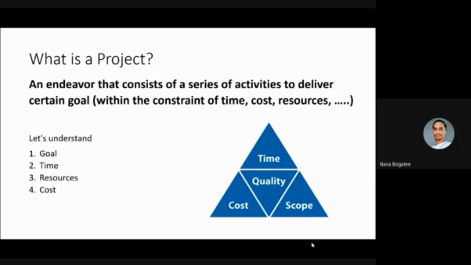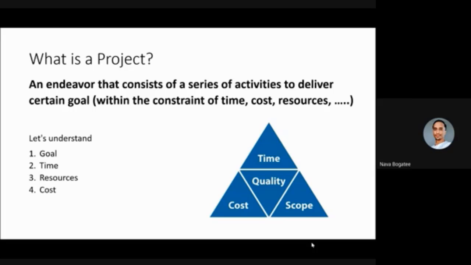Similarly, if you increase the size of a project, that is the scope, you have lots of things to do now, so either you need to increase the time, or increase the cost, or maybe bargain on the quality of the project.